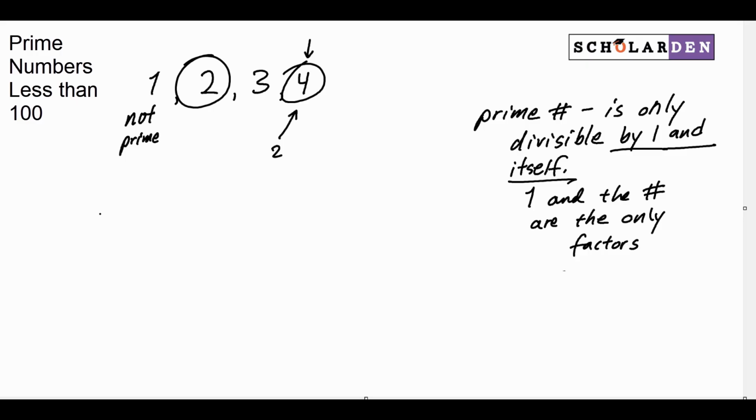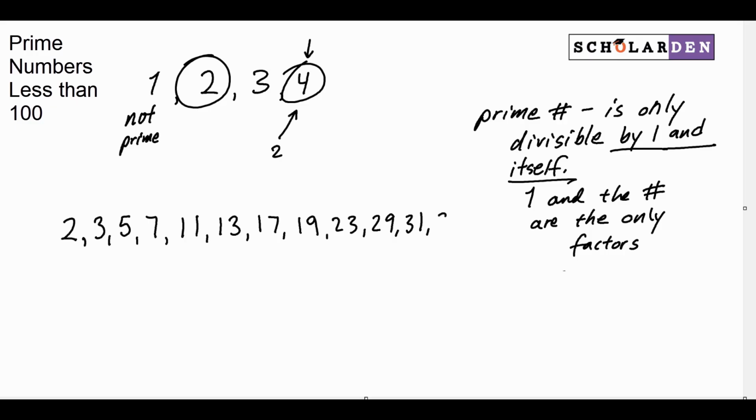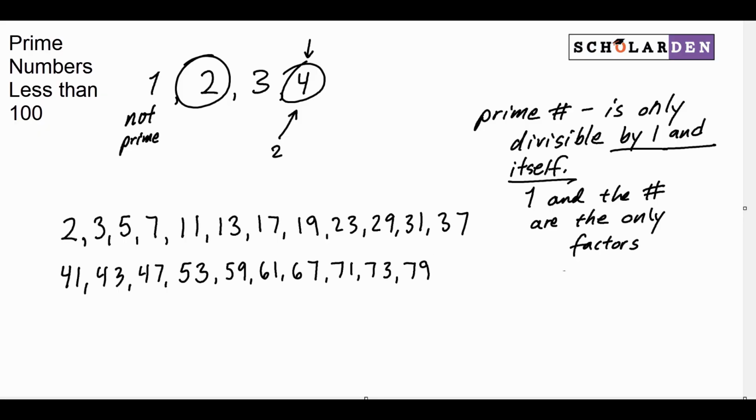Starting with 2, that's the lowest prime. 3, 5, 7, 11, 13, 17, 19, 23, 29, 31, 37, 41, 43, 47, 53, 59, 61, 67, 71, 73, 79, 83, 89, and 97.